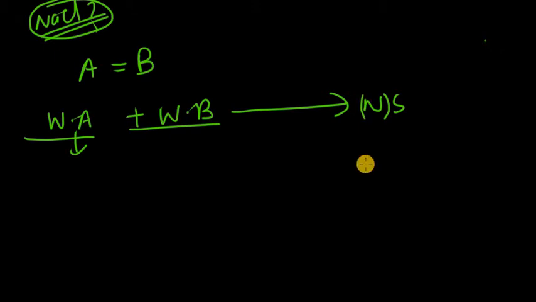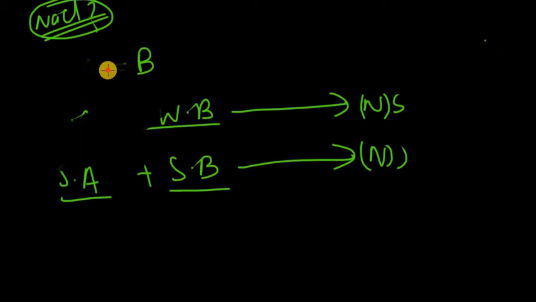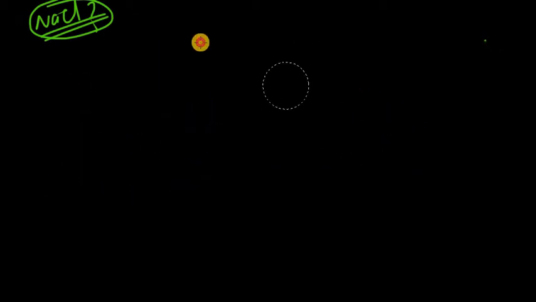Just like that, a strong acid and a strong base of the same strength cancel out each other to give a neutral salt.